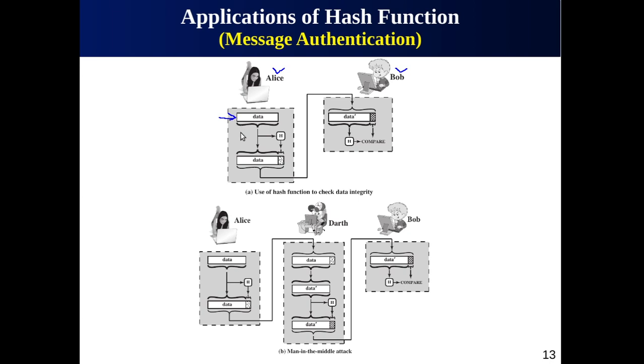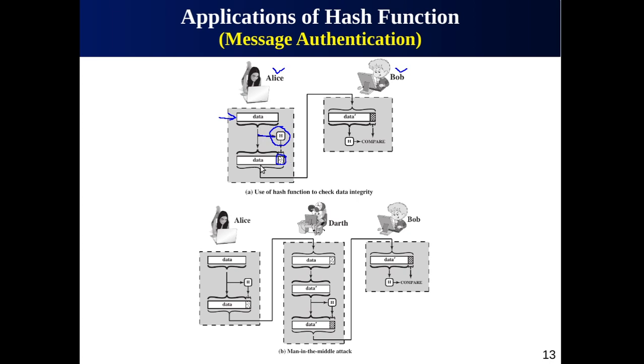And then Alice will transmit both the hash value and the message. So we have the actual data, and then we pass the data to the hash function represented by h here. This is the hash function. It will convert this data into a fixed size output, which is known as the hash value.